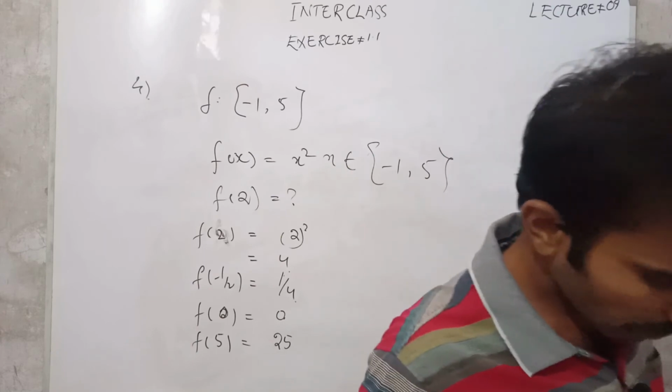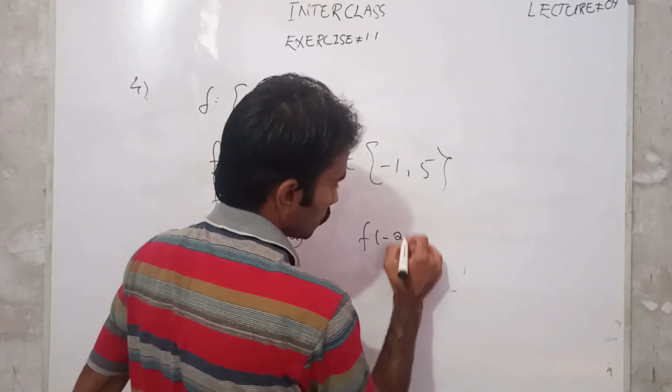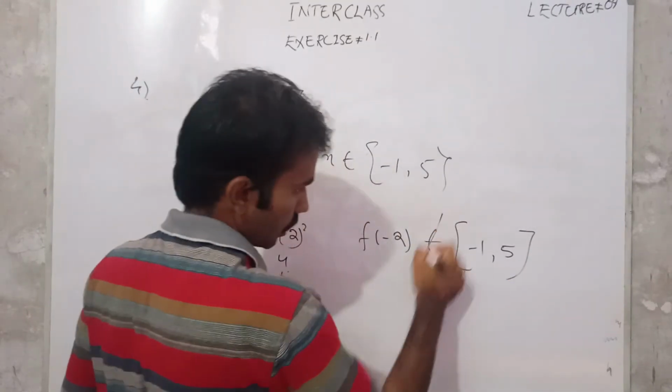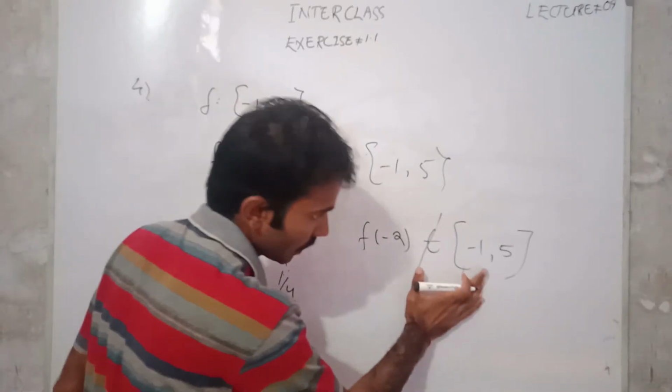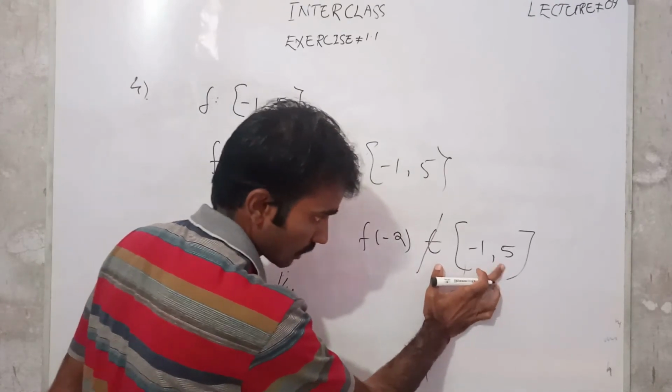So now f of -2. -2 does not belong to the interval -1 to 5.